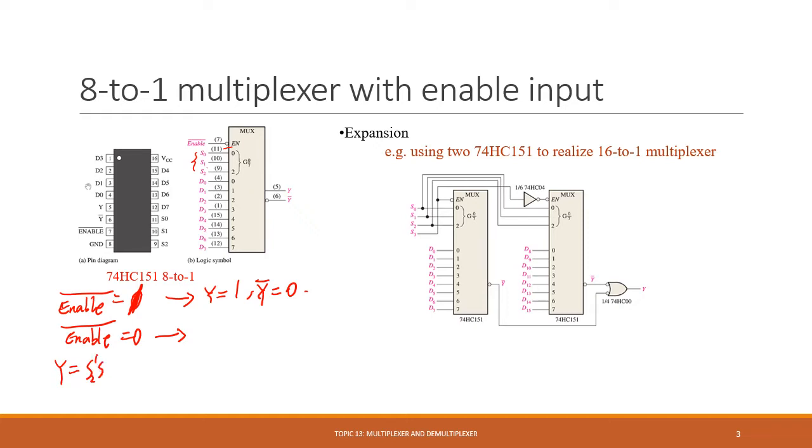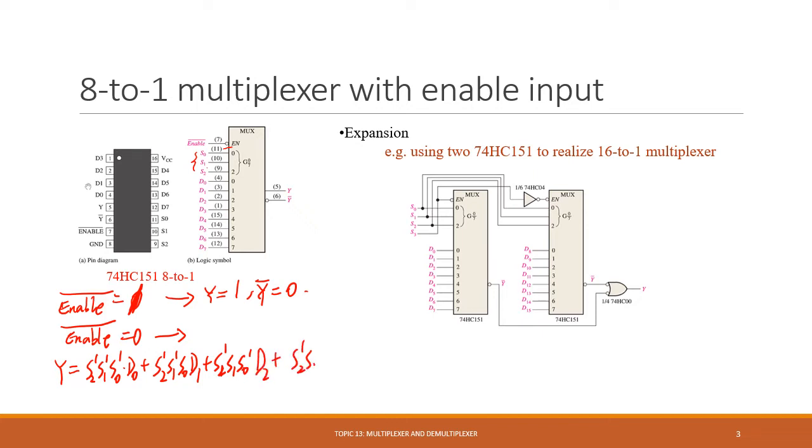S2 bar, S1 bar, S0 bar. When this happens, it should equal D0. S2 bar, S1 bar, S0, D1. S2 bar, S1, S0 bar, D2.